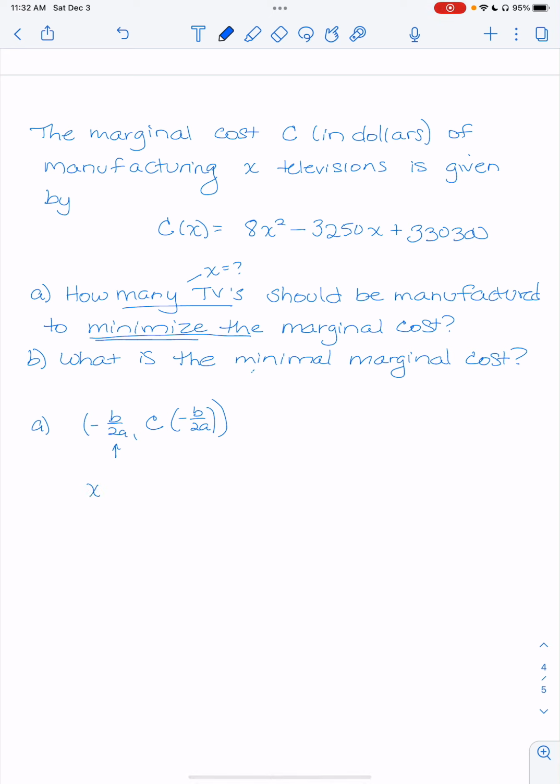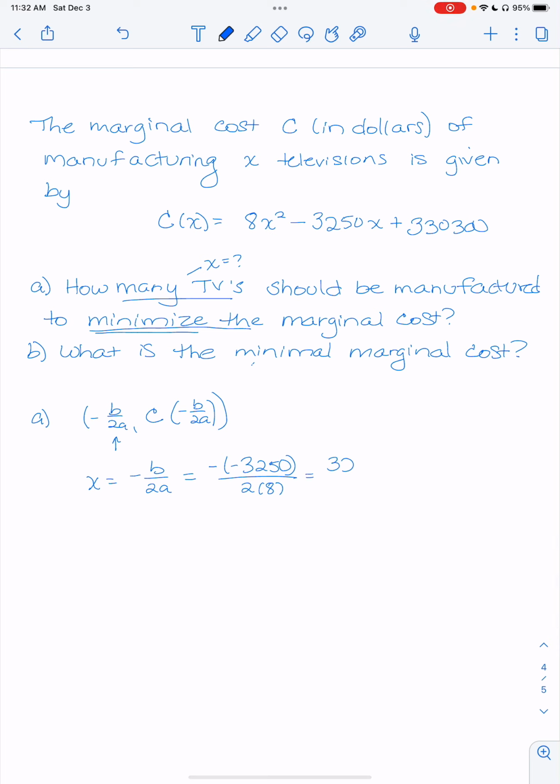So I'm going to say that x is equal to negative b over 2a when I minimize the marginal cost. And that's going to be equal to negative of negative 3,250 over 2 times 8, which is going to be 3,250 divided by 16, which is going to be equal to 203.125 if you punch that into your calculator.